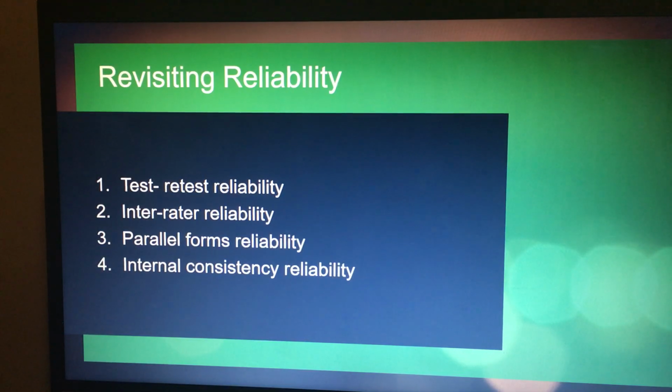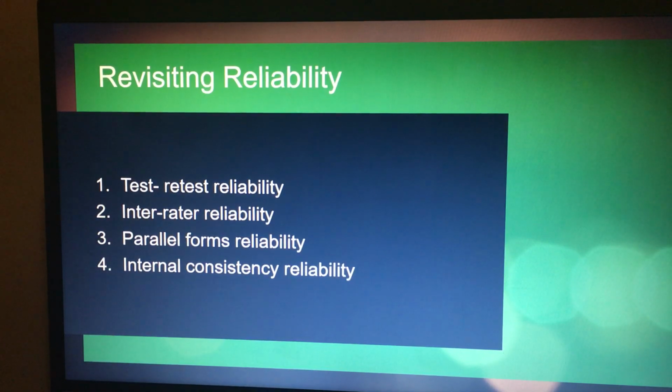Inter-rater reliability. This measures consistency between people who are providing the score. So when measurements involve subjective judgments, such as observational studies, inter-rater reliability is crucial.